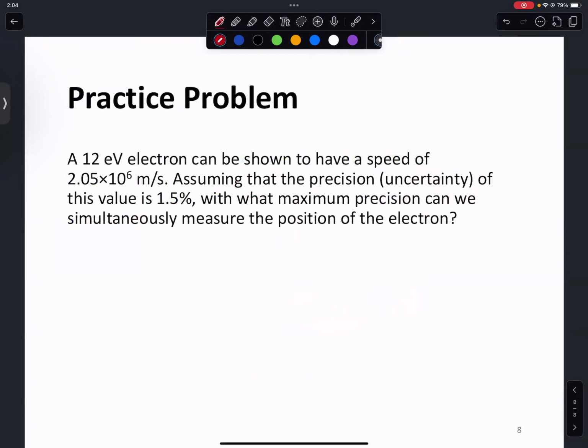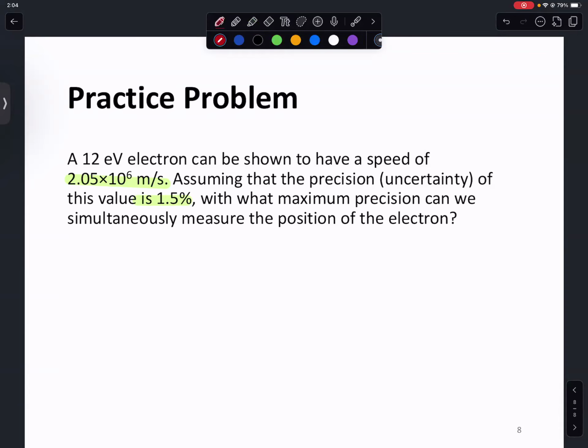Now, I want you to solve for the uncertainty in position of an electron, and compare it to the previous question. So we have here a 12 electron volt electron that can be shown to have a speed of 2.05 times 10 to the 6, and assuming the precision value right here is 1.5%, what is the maximum precision that we can locate the position of the electron?